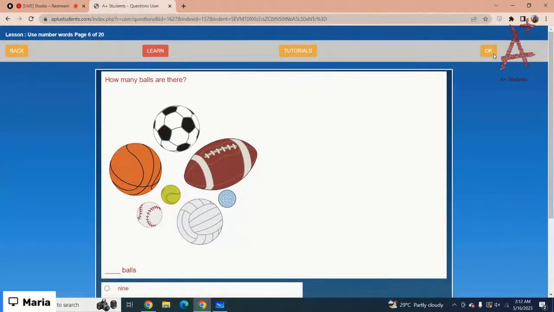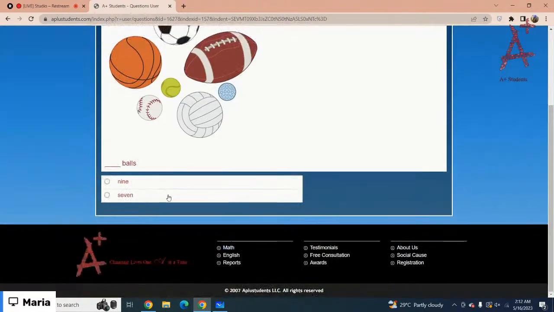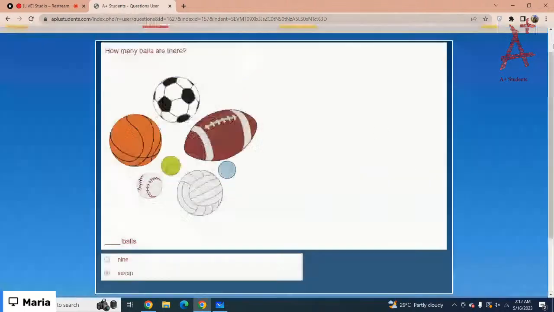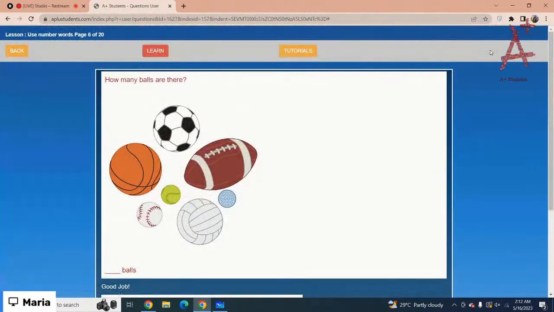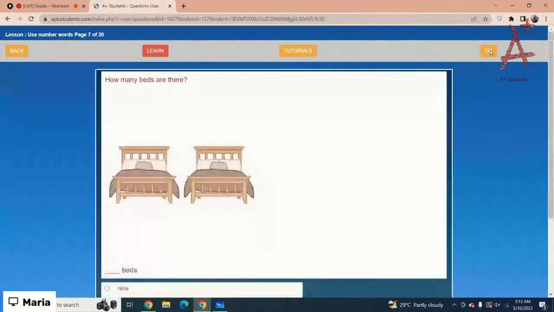How many balls are there? There are seven balls. The correct option is seven. How many beds are there? Just two beds. Got it?